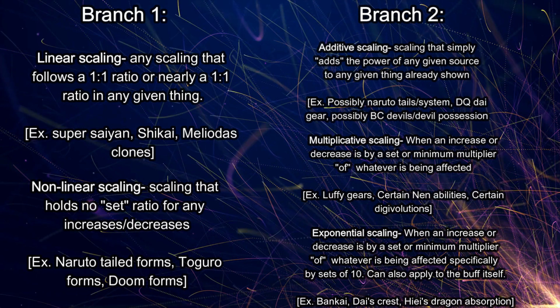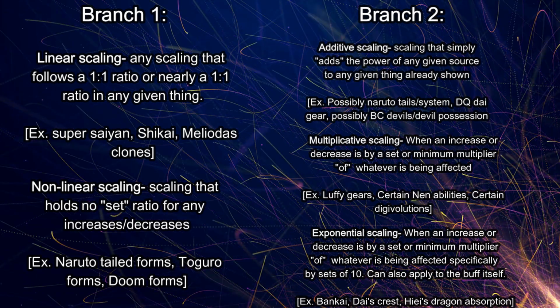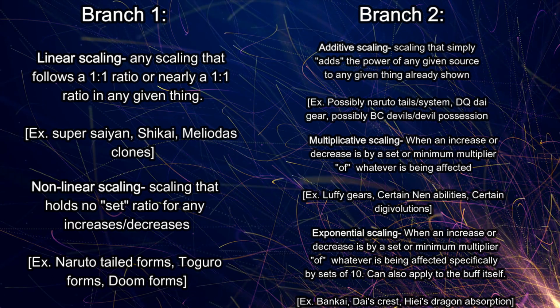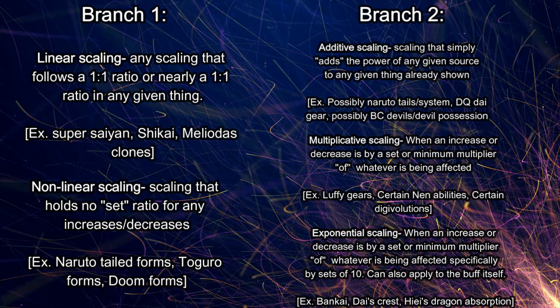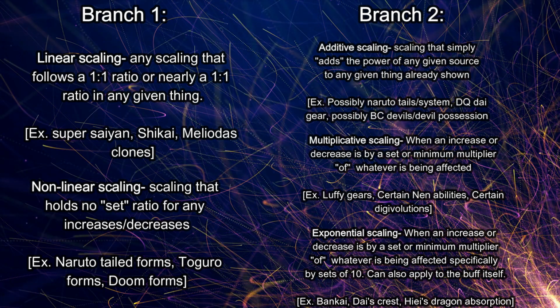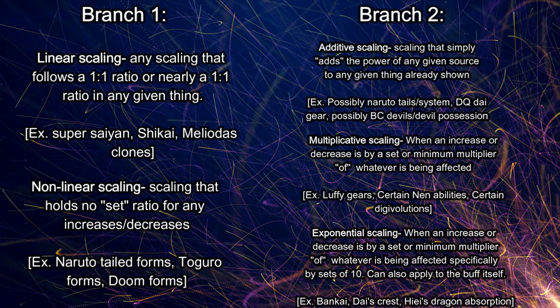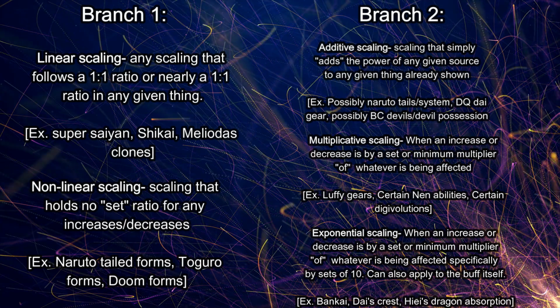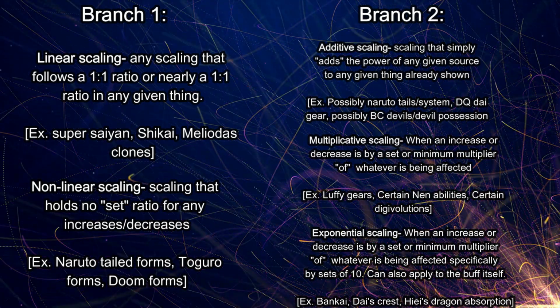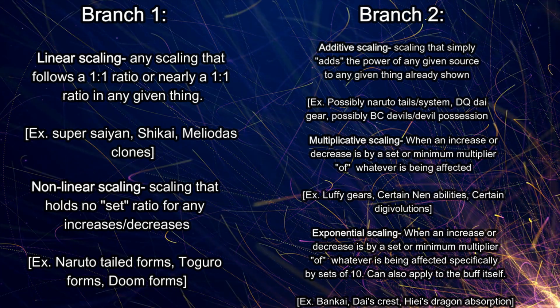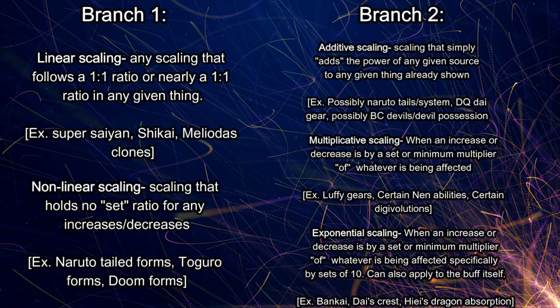Now, feel free to pause if needed, but to get to the answer, okay, the reason I separate these two branches of scaling is because none of them cover the totality of scaling on their own. And furthermore, it's only by combining an option from both sides that you can ever get a totality of scaling being used within a series.